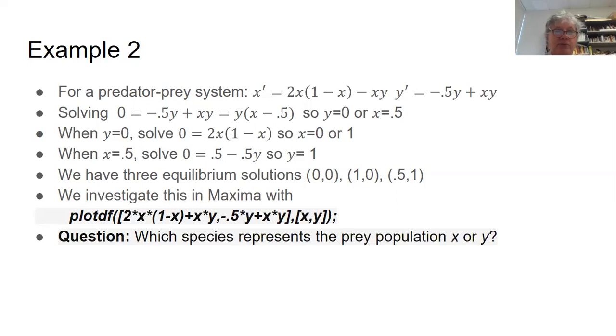And when x equals 0.5, we plug that into the first equation and we get y equals 1. So altogether there are 3 equilibrium solutions at 0,0, 1,0, and 0.5,1. Now we're going to investigate this with Maxima.